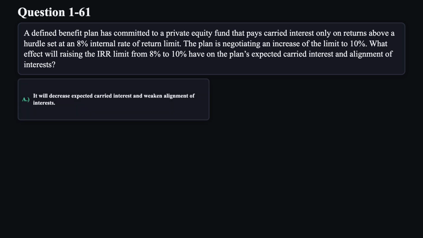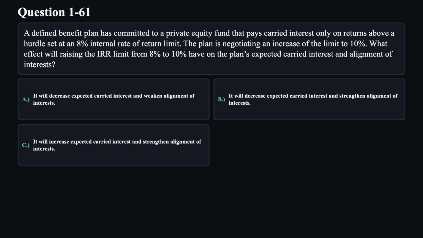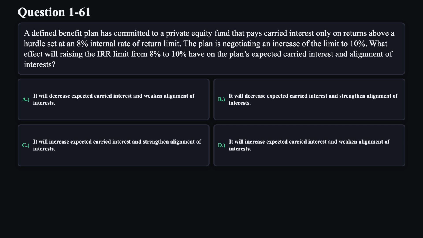A. It will decrease expected carried interest and weaken alignment of interests. B. It will decrease expected carried interest and strengthen alignment of interests. C. It will increase expected carried interest and strengthen alignment of interests. D. It will increase expected carried interest and weaken alignment of interests.